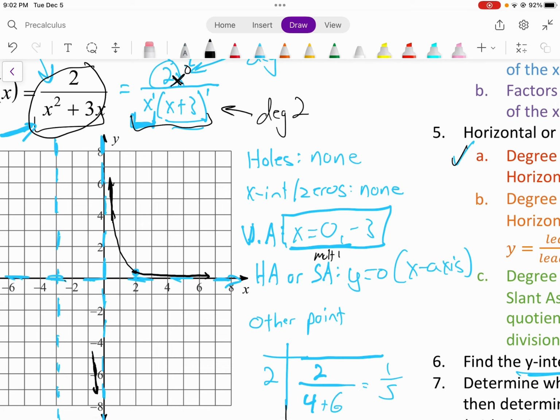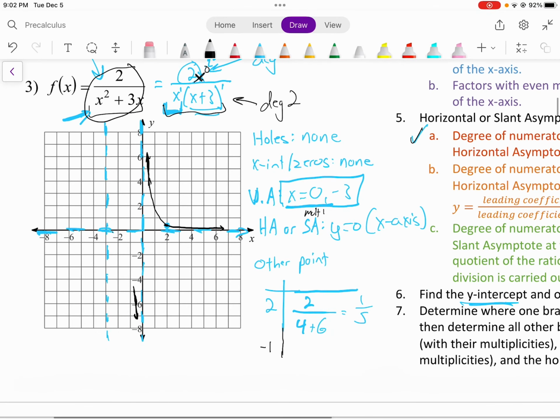We get 2 over -1 squared, which is 1, plus 3 times -1, which is -3. So we get 2 over -2, which is -1. So we're going to have the point (-1, -1). So our graph is going to come up pretty close to the x-axis. It's going to have to turn around somewhere here. Again, we don't need to be exact. It has to turn around because we know it does not go through the x-axis, and then it has to approach that vertical asymptote again.